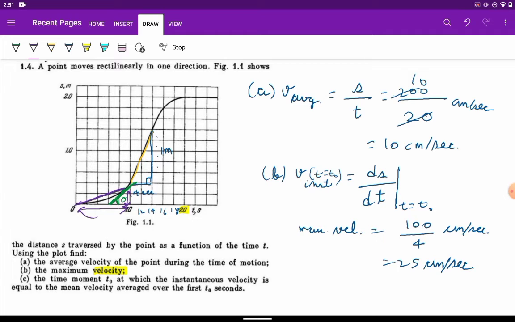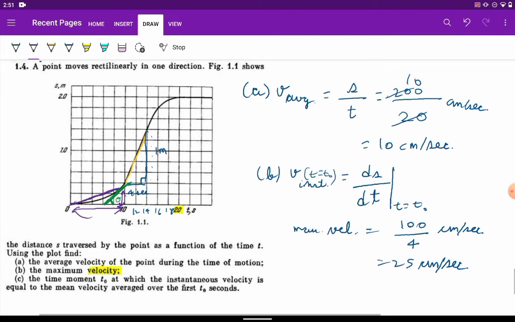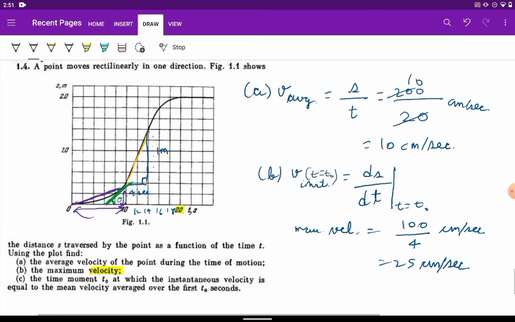After all, we can only measure things at the grid points. Let's say we do not have any scale. How will we solve this?